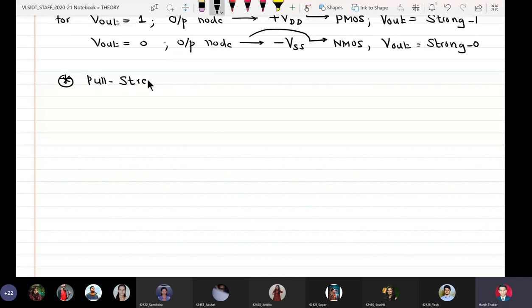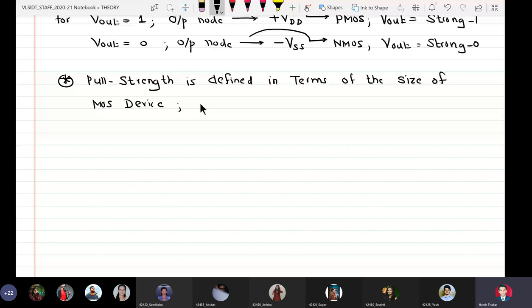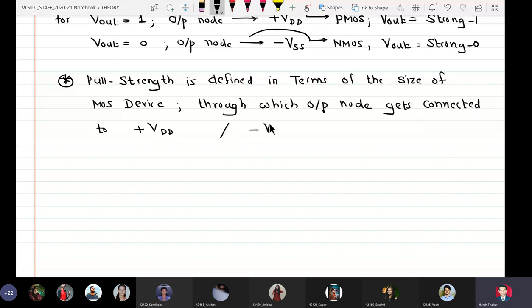Pull strength is defined in terms of the size of the MOS device through which the output node gets connected to plus VDD or minus VSS.